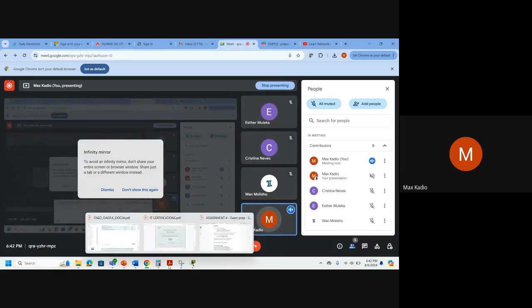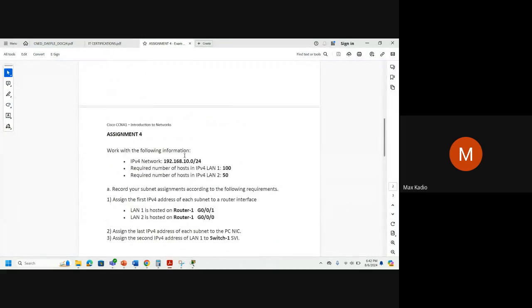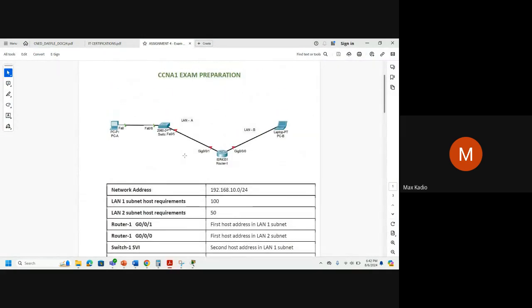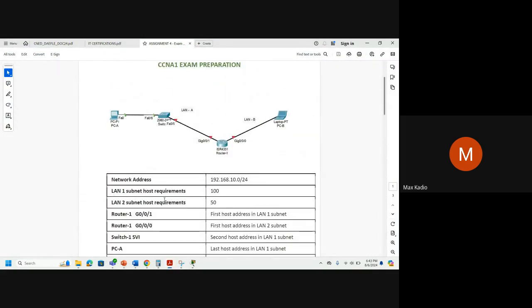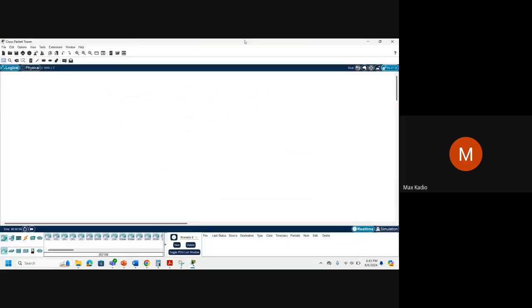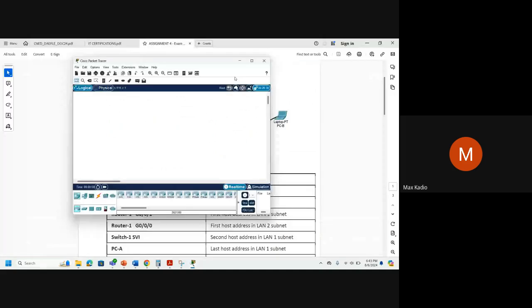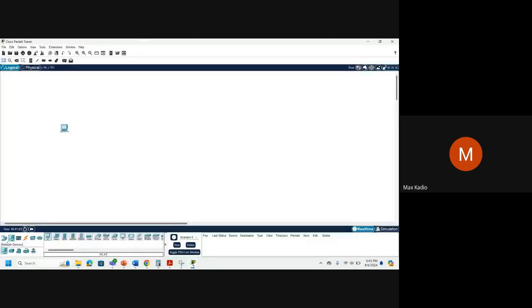So this is your homework that you need to do, and we're going to do it together first. You open your Packet Tracer and you put your PC, a laptop somewhere, a router here, and a switch somewhere.